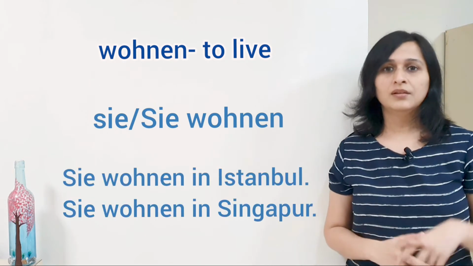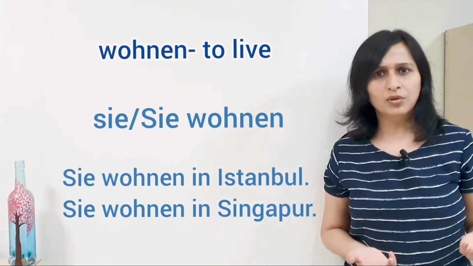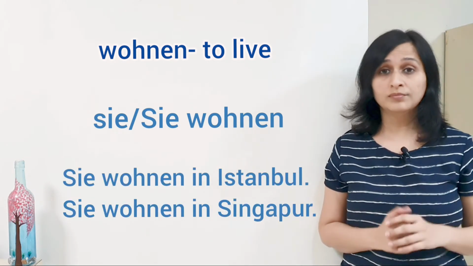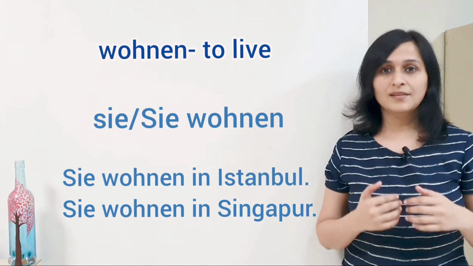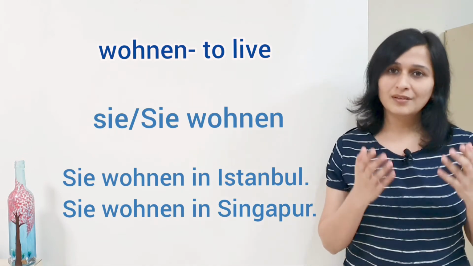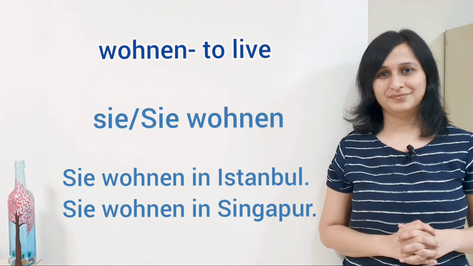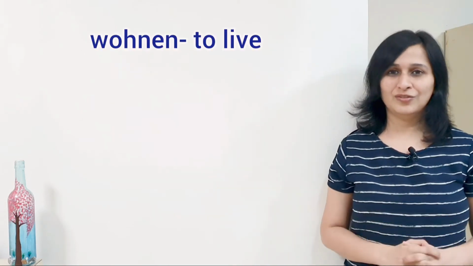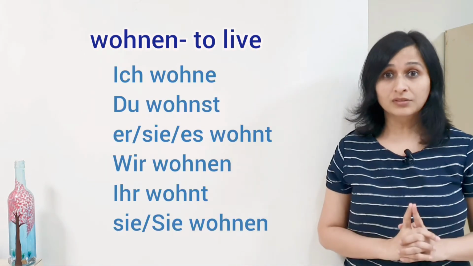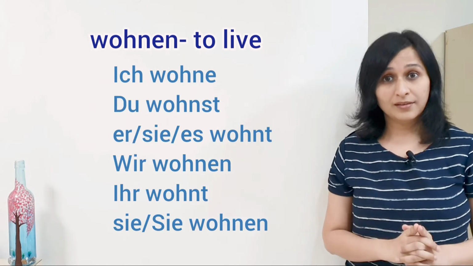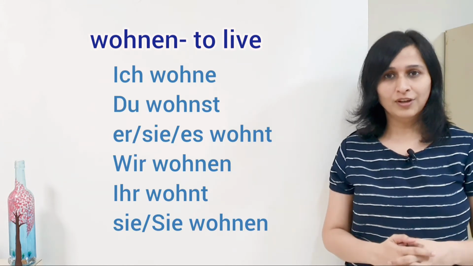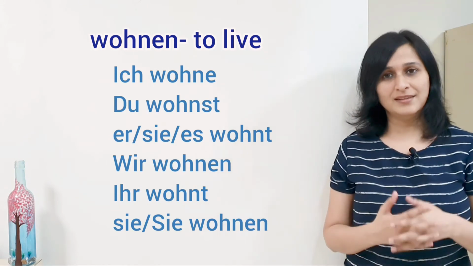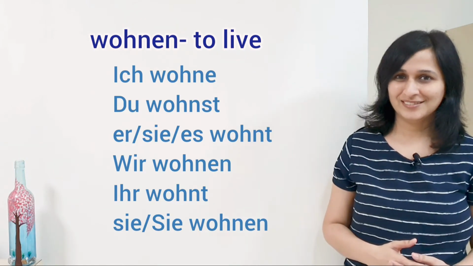Zum Beispiel, sie wohnen in Istanbul. They live in Istanbul. Sie wohnen in Singapore. You live in Singapore. Here are the conjugations of wohnen together. Ich wohne, du wohnst, er, sie, es wohnt, wir wohnen, ihr wohnt, sie wohnen.